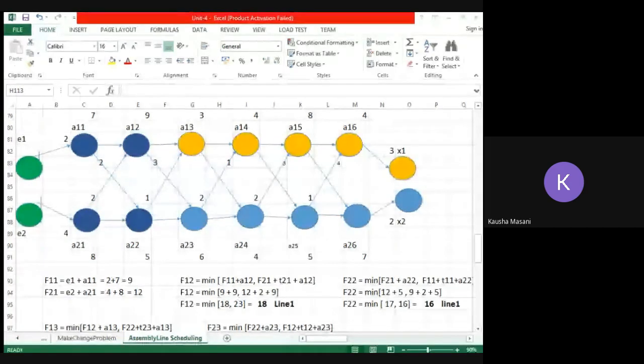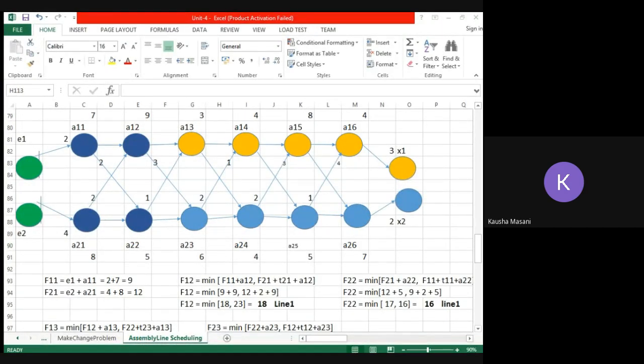TD2 students, please write your numbers in the chat if not written. TD1 students, you have not written the numbers. Write it.